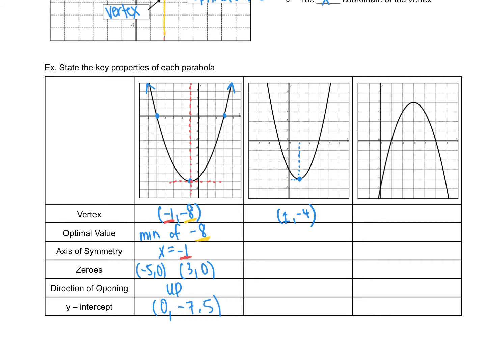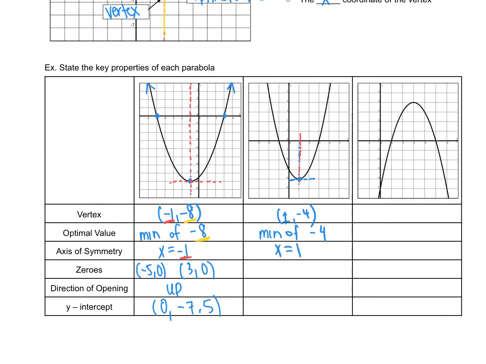The optimal value, the lowest value is still related to the vertex, and because our parabola opens upwards, we have a minimum of that -4 value. And then our axis of symmetry, this vertical line that I already started drawing, it passes through 1 on the x-axis, so it'd be x equals 1.